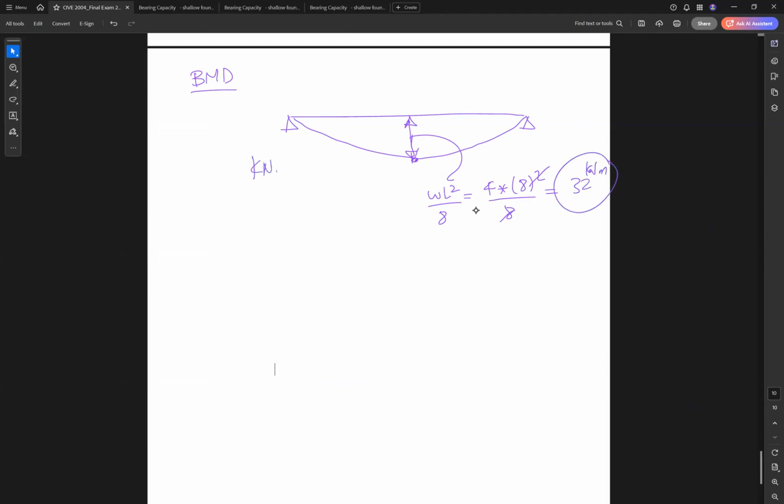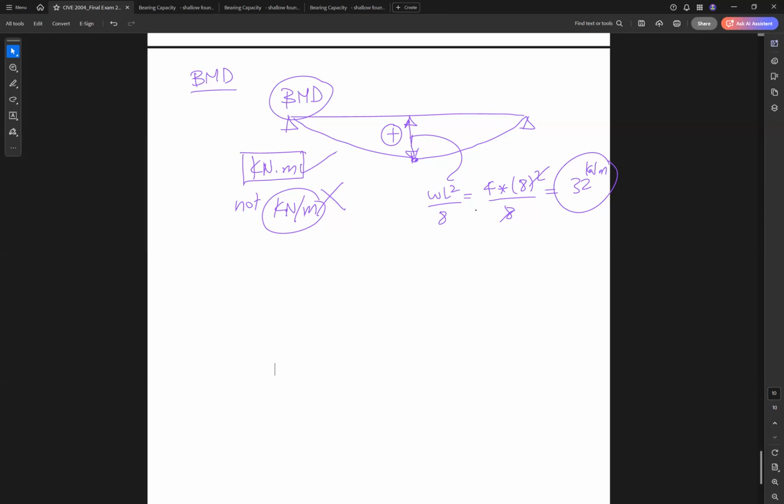The unit for bending moment is kilonewton times meter, not kilonewton divided by meter. Are these identical units or different? Different. Kilonewton meter means multiplied by meter. Kilonewton per meter means divided by meter. This is different. Like 80% do this, so this is wrong. This moment is positive, so this is our bending moment diagram. So easy, bending moment diagram and shear force diagram.